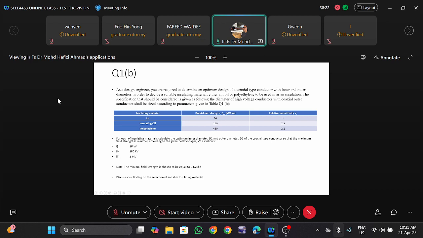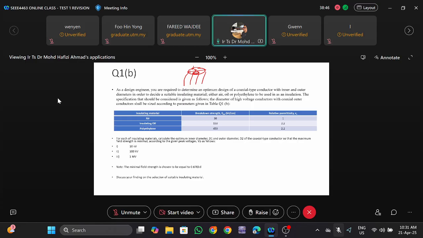So you have coaxial conductors, where you have D1, the inner diameter, and D2, the outer diameter.